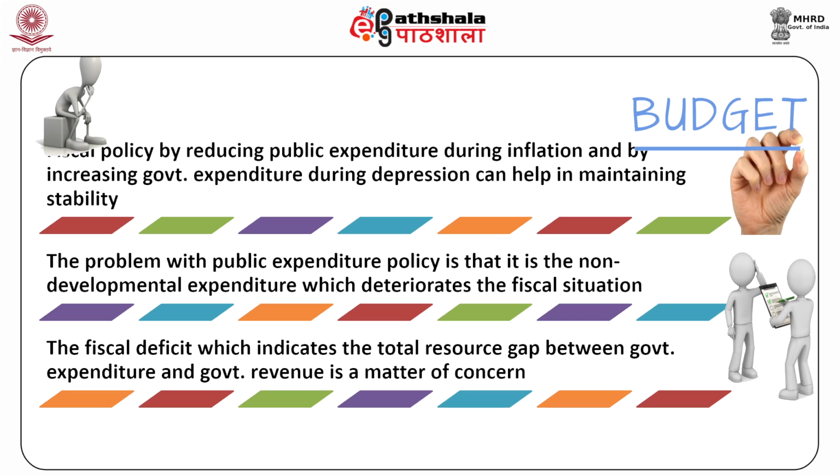The problem with public expenditure policy is that it is the non-developmental expenditure which deteriorates the fiscal situation. The fiscal deficit, which indicates the total resource gap between government expenditure and government revenue, is a matter of concern.